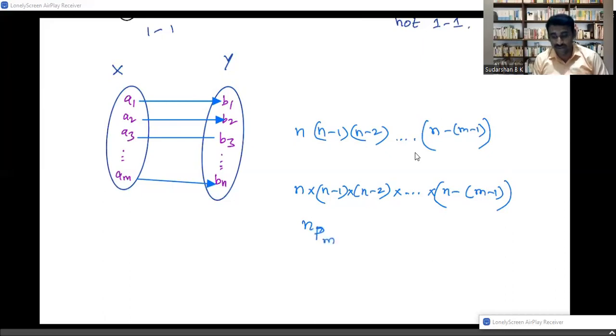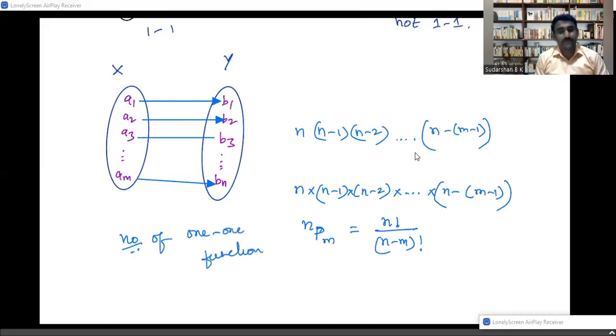So you can observe n factorial divided by (n minus m) factorial. This is the formula to find the number of one-to-one functions. Hope you understood. So let us solve one question.